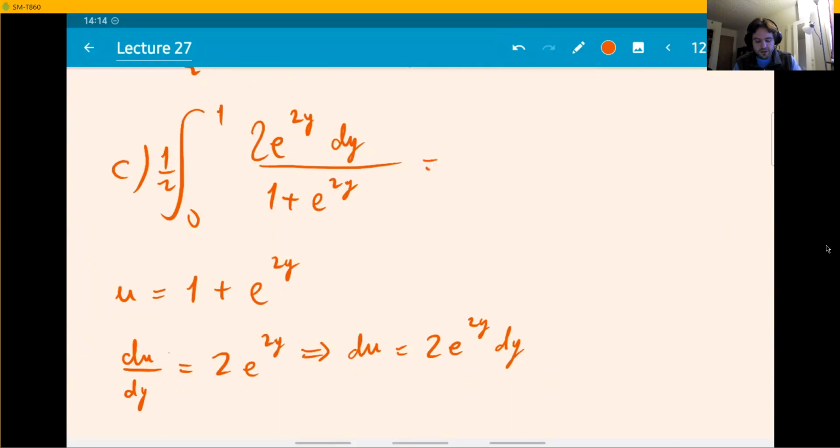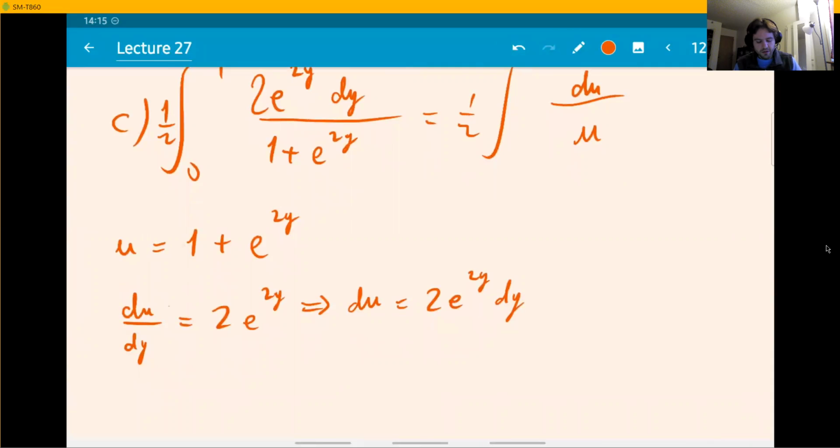Okay, let's change the integral now. Let's deal with the endpoints later. Maybe I'll change the integral first. This whole part will be du. This whole denominator is u. What about the endpoints? If the original variable y equals 0, then what is u?